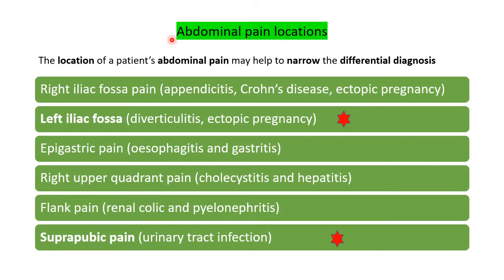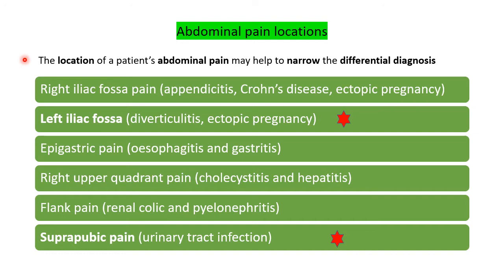Come to the location of the abdominal pain in patients with lower GI problems. The location of the patient's abdominal pain may help to narrow the differential diagnosis. So it's very important for you to get the exact location.